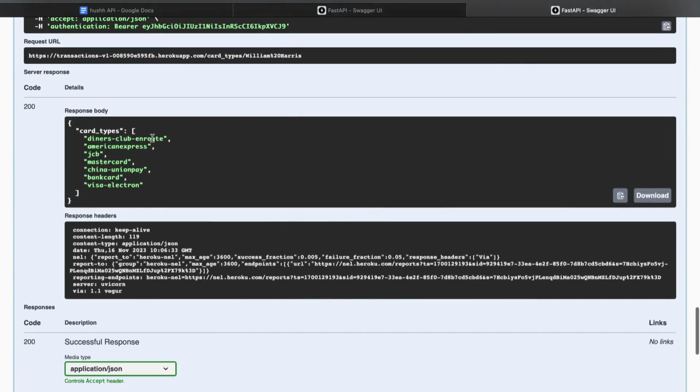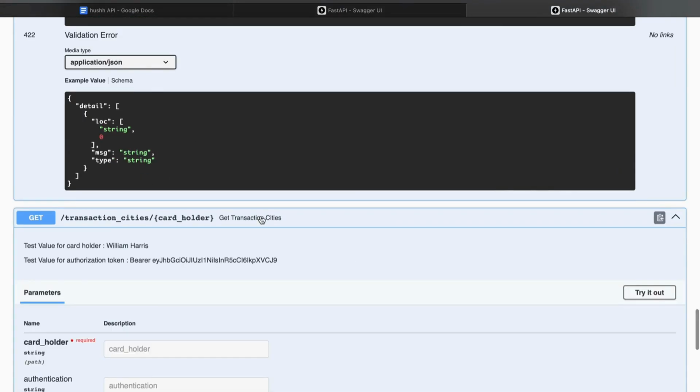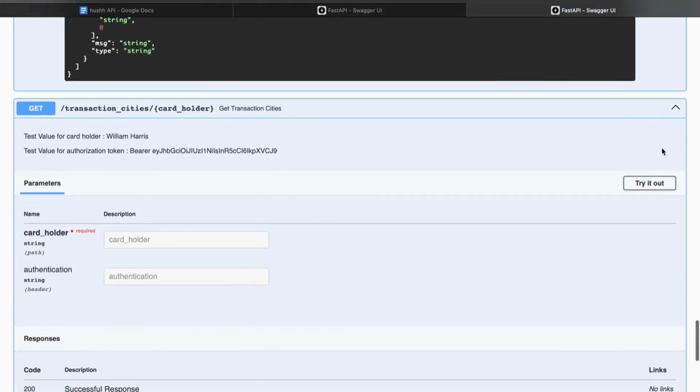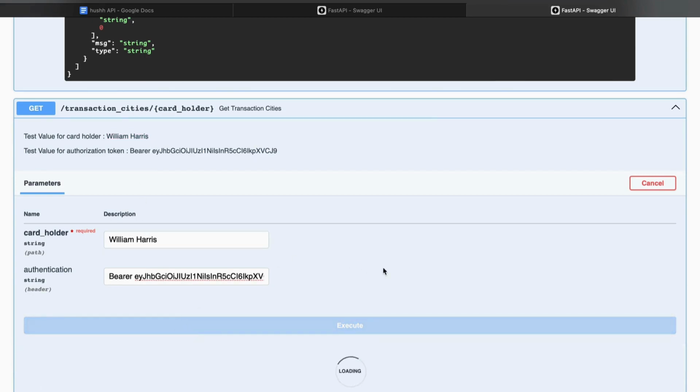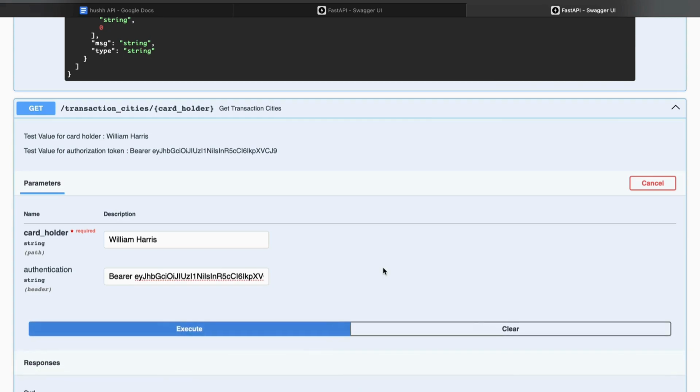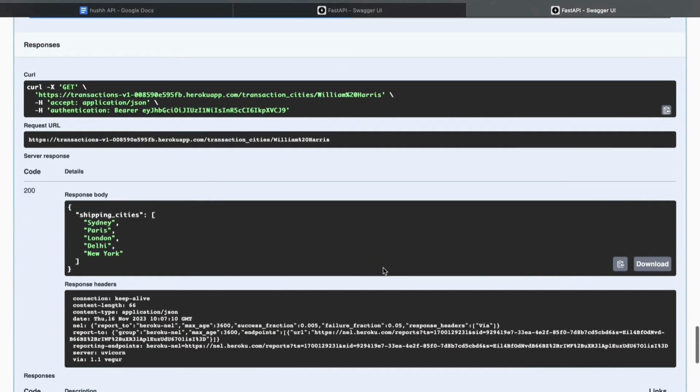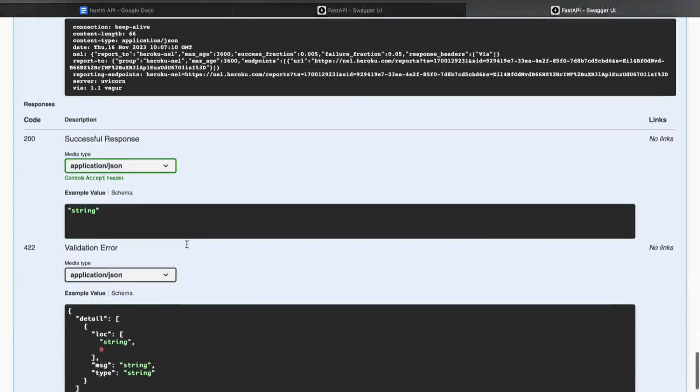This can really help brands target customers holding a specific card type. We also have an API which gives the transaction cities. Earlier we discussed the travel APIs, but in this particular API we are getting the travel patterns or the spending patterns according to the travels of a customer by looking at the transaction cities.